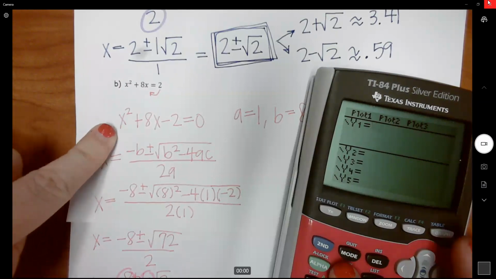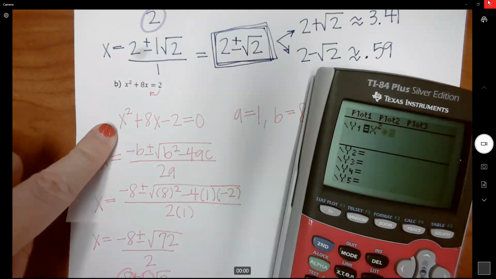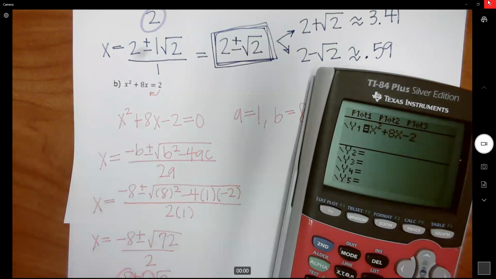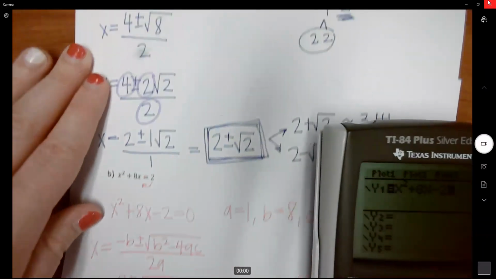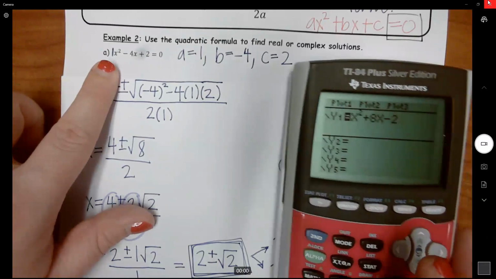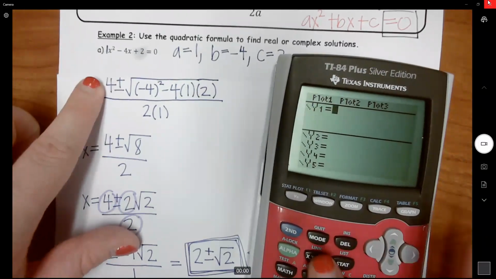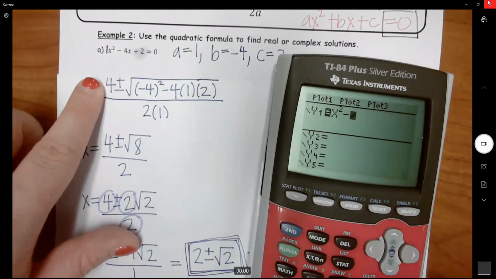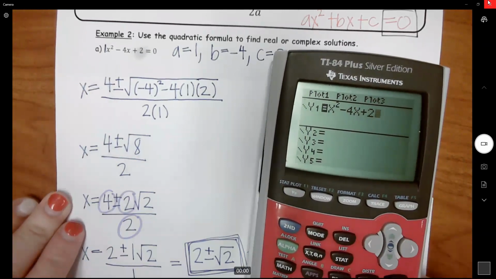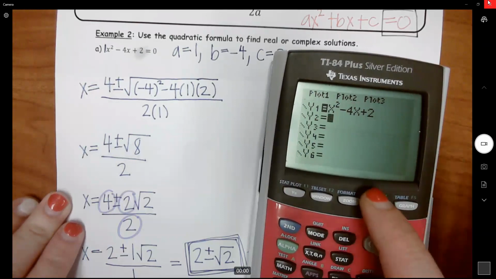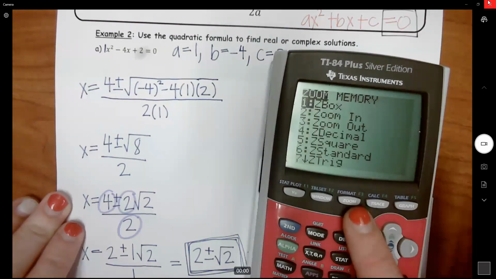And so I'm going to graph x squared plus 8x minus 2. And actually, because I did decimal equivalents here, let's graph this first one. Sorry. Okay, let's put this in our calculator. We've got x squared minus 4x plus 2. I'm going to go ahead and graph on a standard. So I'm going to go zoom 6.